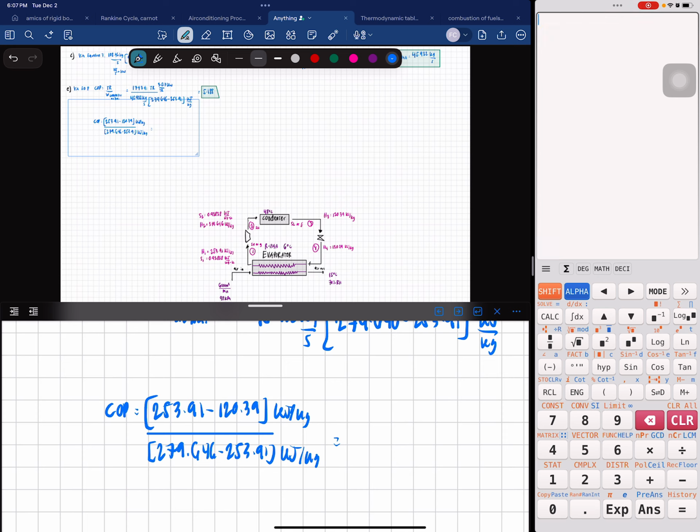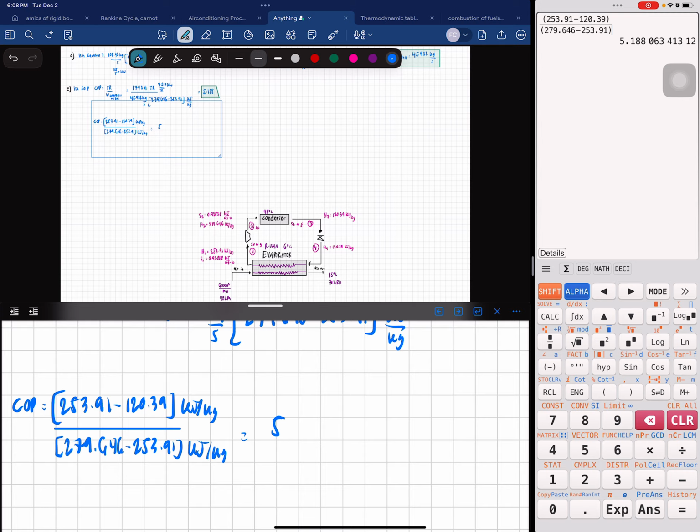Both units will cancel out. Value is still the same, 5.188 for the COP of your refrigeration system.